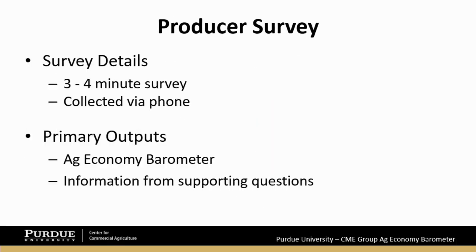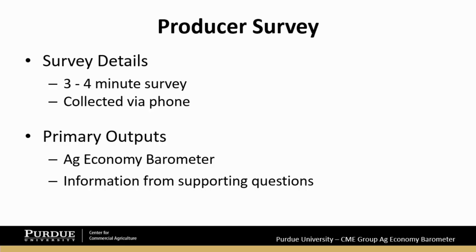So David, let's give them a few details about how the survey actually works. Yeah, one of the important elements of this survey is checking in monthly and doing it over the phone. And we know that producers are busy, especially in the spring and in the fall seasons with planting and harvesting. So we needed to keep the survey short. We try really hard to keep the survey between 3 and 4 minutes in length.